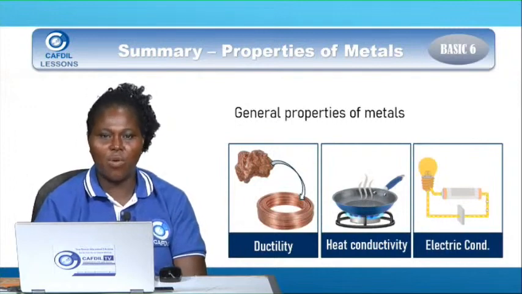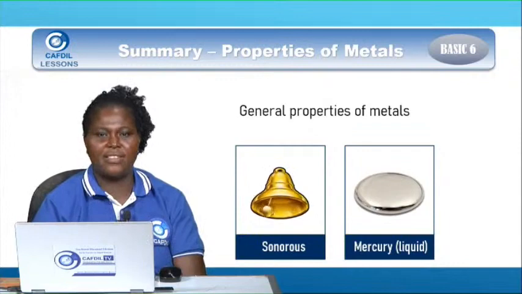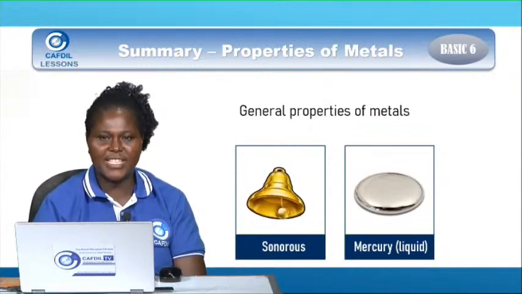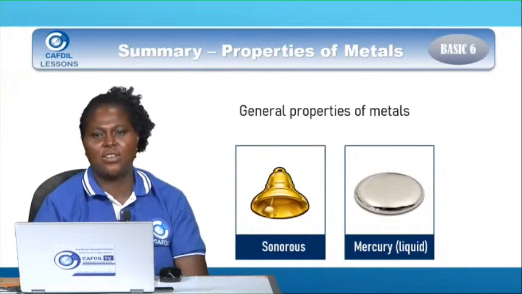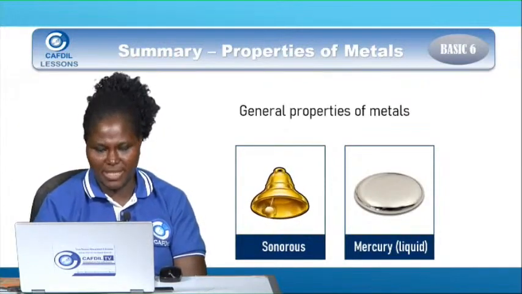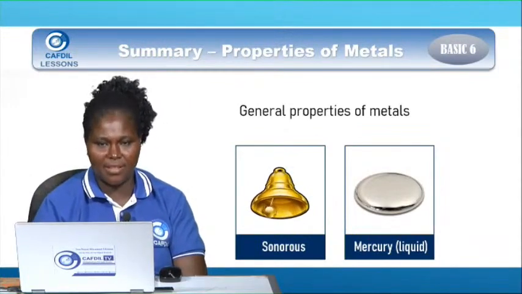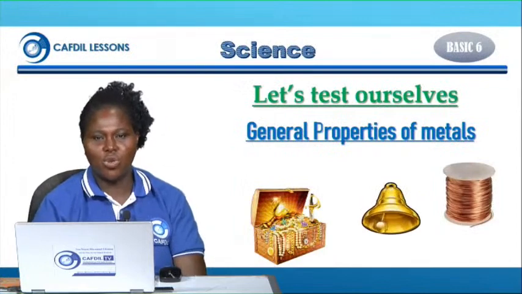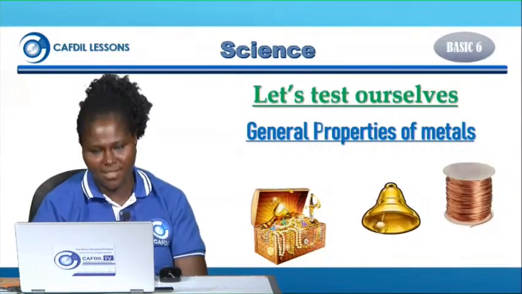We have another property here, sonorous: they sound. And we have a special property of metal, mercury being a liquid metal. So soon we have come to the end of our lesson.